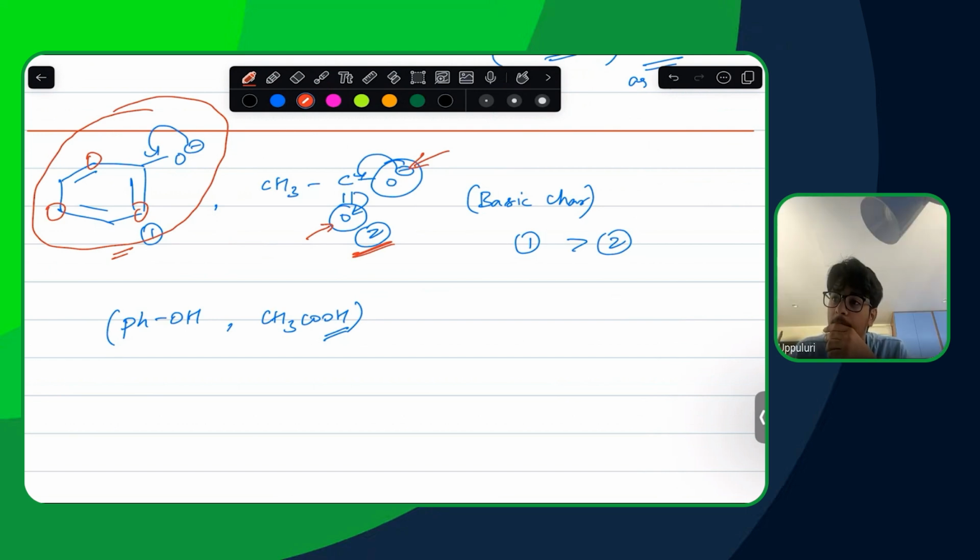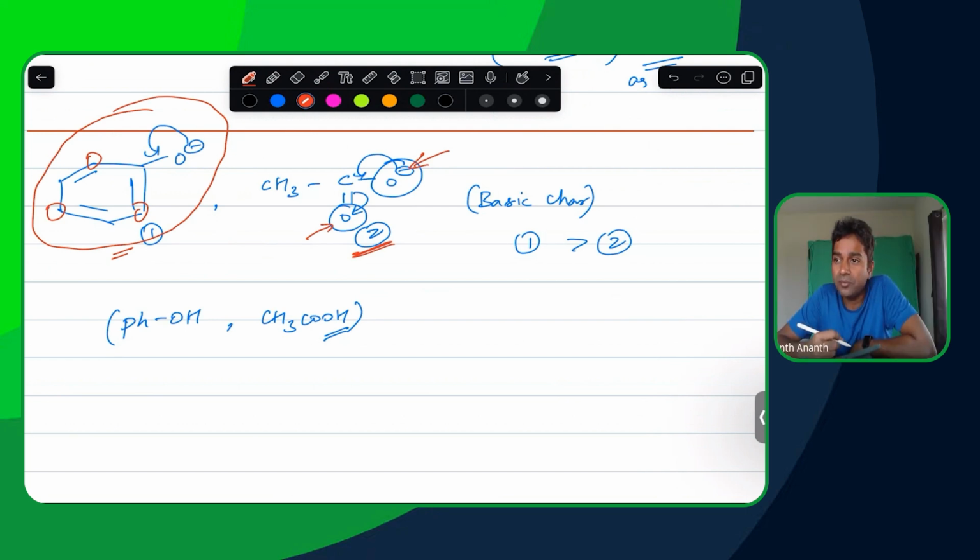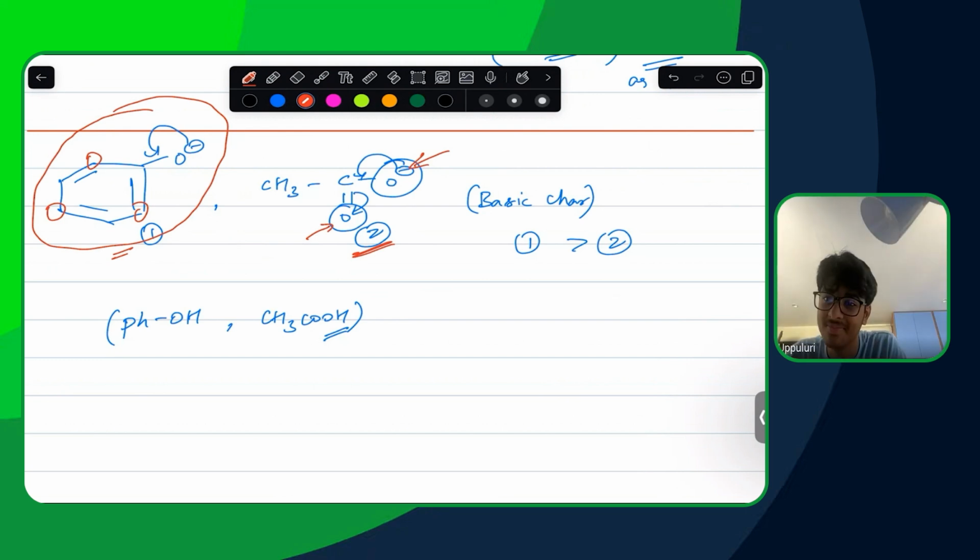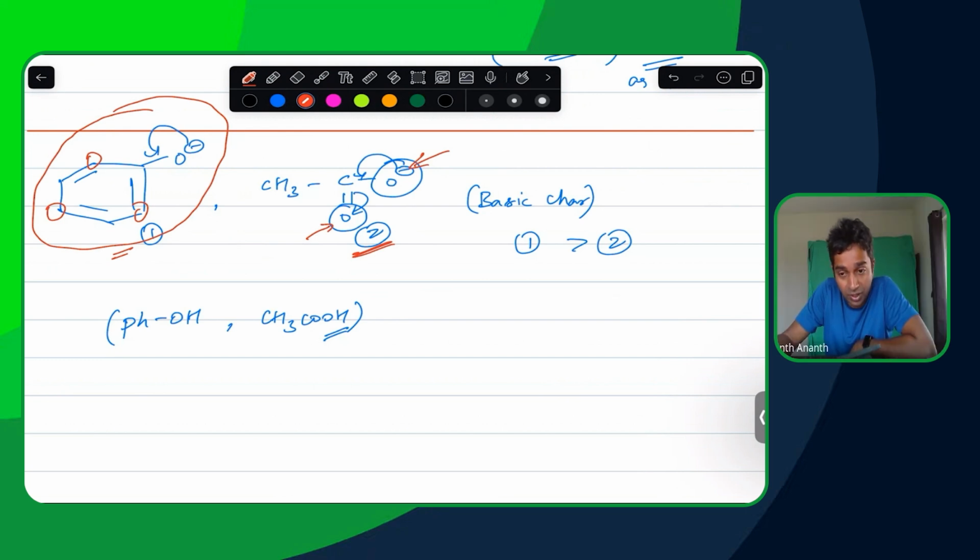See, ultimately, I will be very blunt and honest with you here. Organic chemistry is going to be chock full of these kinds of half-baked logics. In a sense, I am not even sure whether the answer you gave is correct or not.